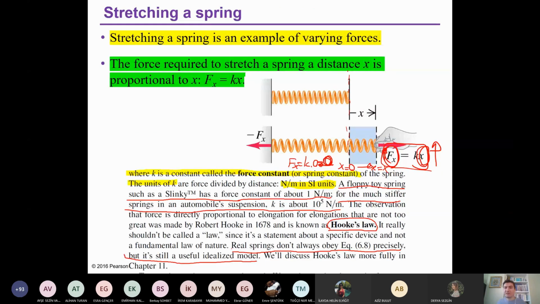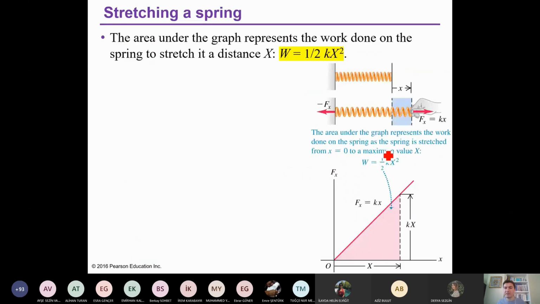So now let's try to calculate the work done by this hand to stretch this spring. Here, let's consider you apply this force to the right side to stretch the spring. You apply the same force to the left side in the opposite direction.